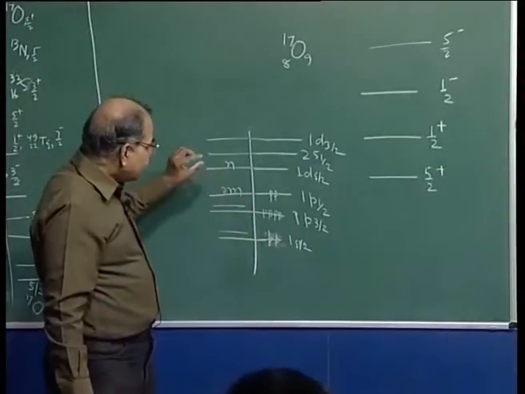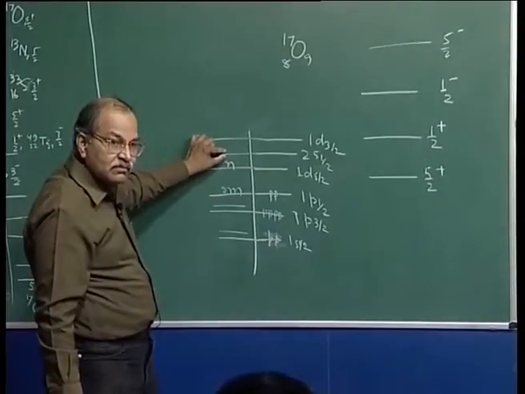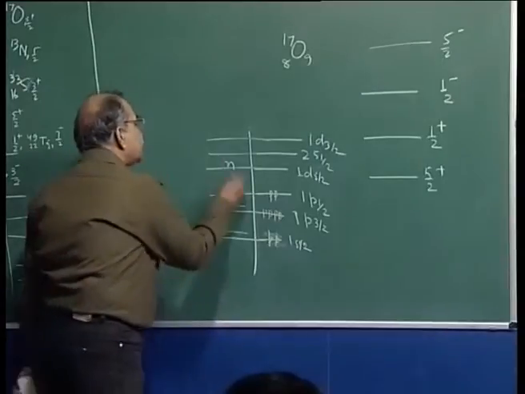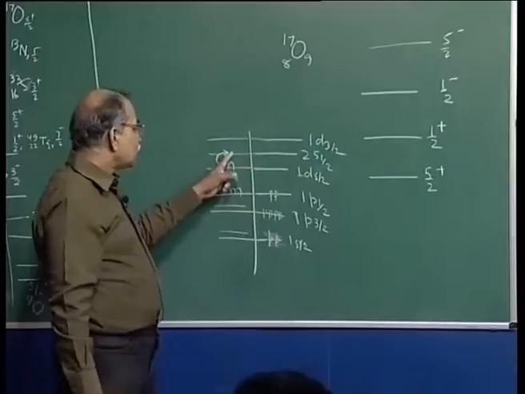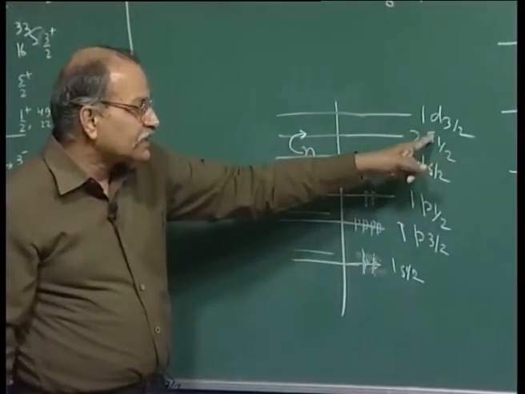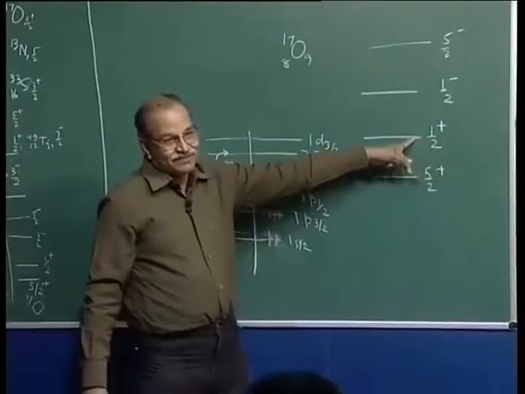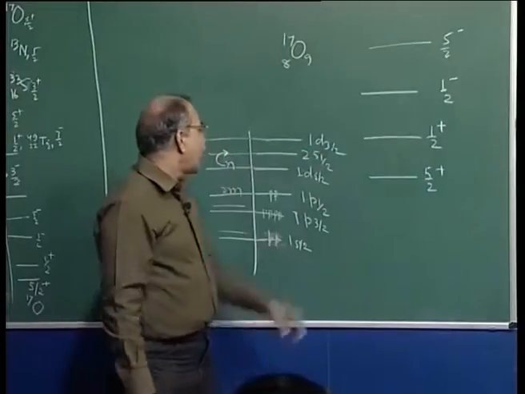Now, if energy has to go up, this neutron should go here. So, the first excited state will be obtained if this neutron goes here, and it should be 1/2 plus, and it is 1/2 plus. Next one is 1/2 minus.